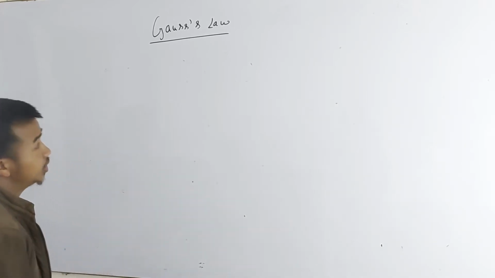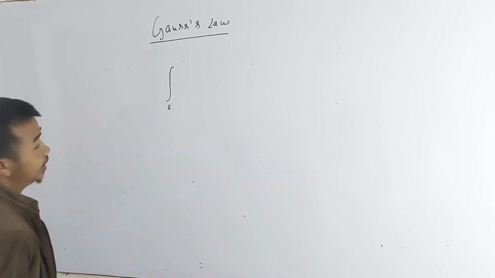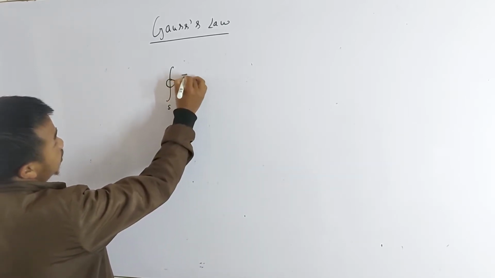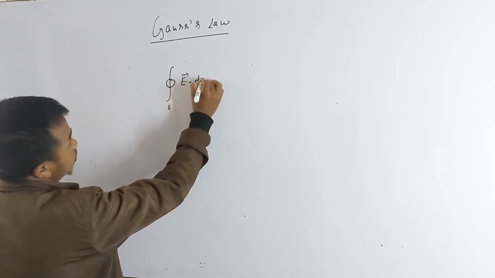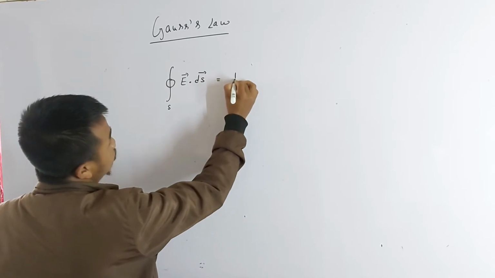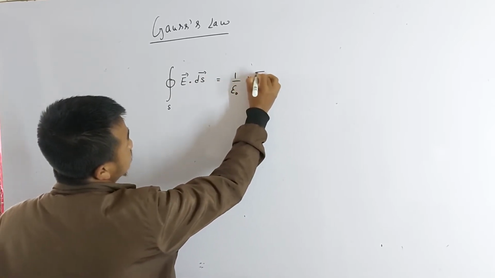So mathematically we can write that the surface integral of E dot ds is equal to 1 by epsilon naught times q.